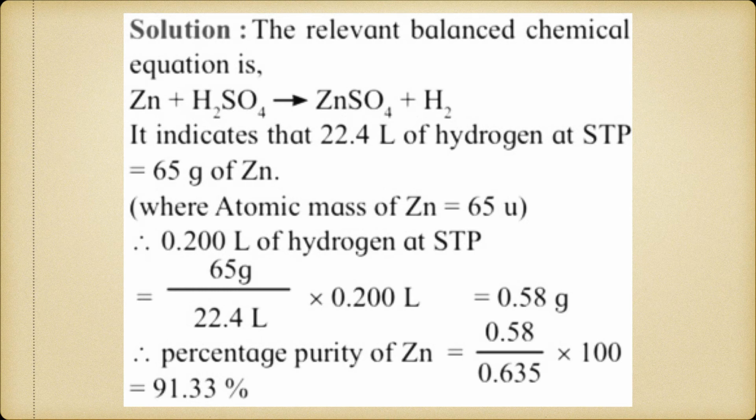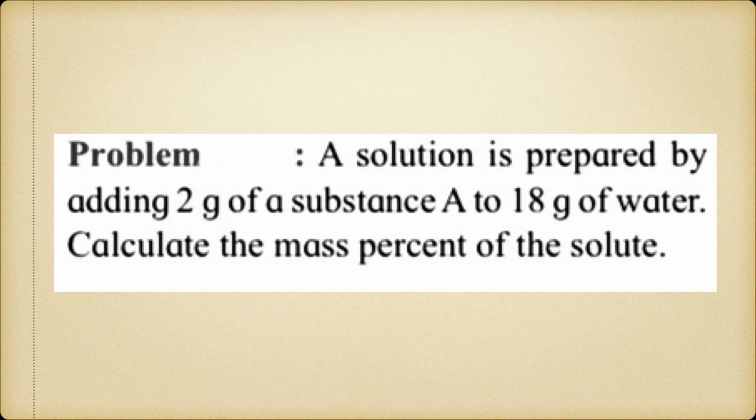Okay, therefore percentage purity of zinc is equal to 0.58 upon what initially we have taken, 0.635, into 100. So that is 91.33%.